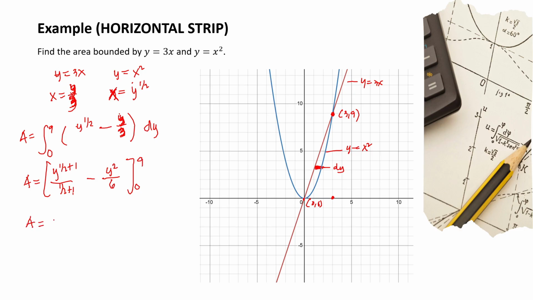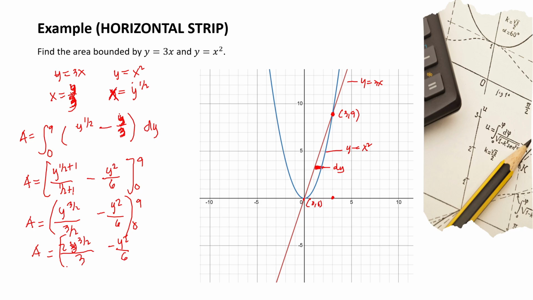So area is equal to y raised to 3 halves over 3 halves minus y squared over 6, from 0 to 9. Area is equal to 2 times y raised to 3 halves over 3 minus y squared over 6.